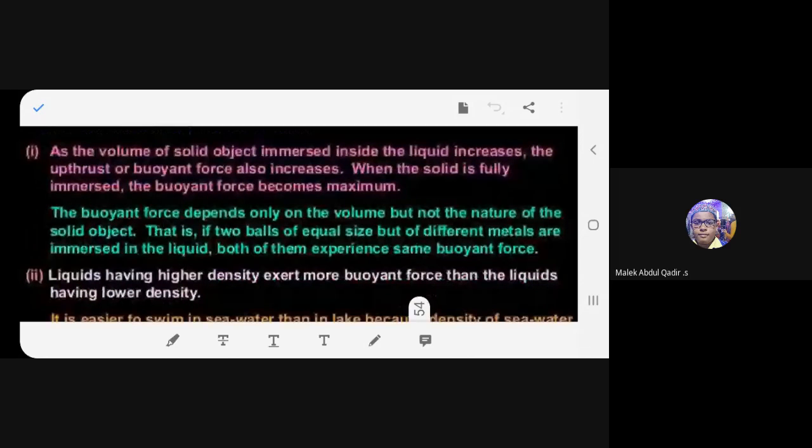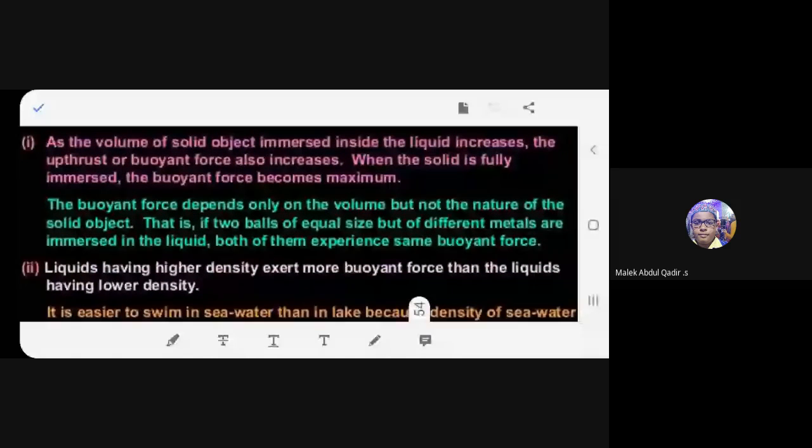As the volume of a solid object immersed inside the liquid increases, the upthrust or buoyant force also increases. When the solid is fully immersed, the buoyant force becomes maximum.